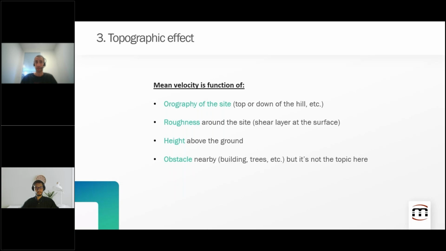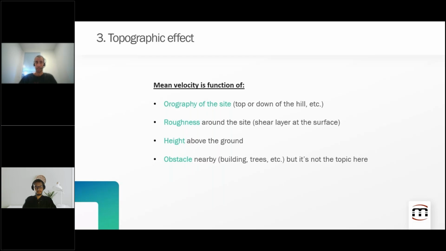It's the orographic effect and the land occupation effect, also called roughness effect. So it is a combination of both, and both will affect the wind. Globally, the mean velocity is a function of the orography of the site, whether you are on the top or the bottom of the hill, and of the land occupation or roughness around the site.